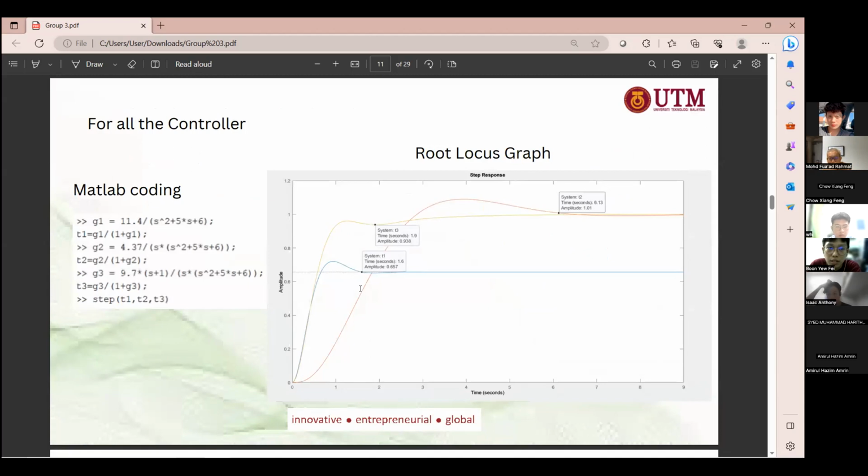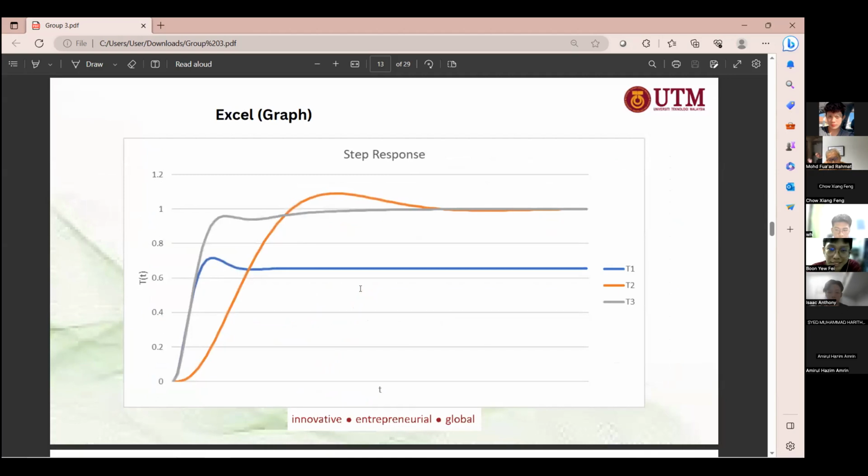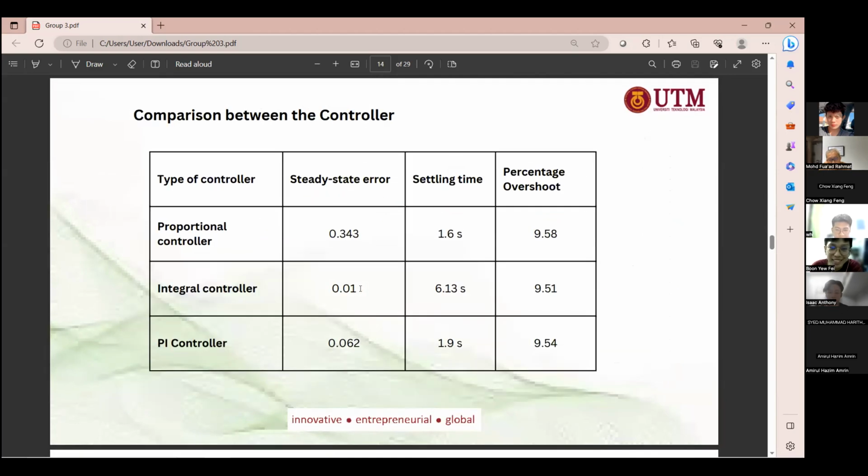Next. Okay, we put all the step responses together and then compare. We can have the detailed comparison on the next page. Okay, for the proportional controller, we have steady state error of 0.343.